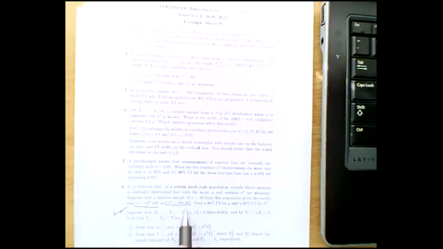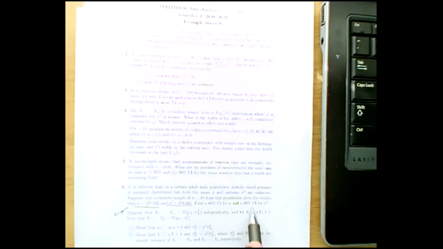If you cannot see this clearly, please look at the PDF file on the course website, okay? And the question is to find a 98% confidence interval for mu and a 98% confidence interval for sigma squared, right? Okay, so if you may recall, I don't know whether you remember what we did about a week ago.